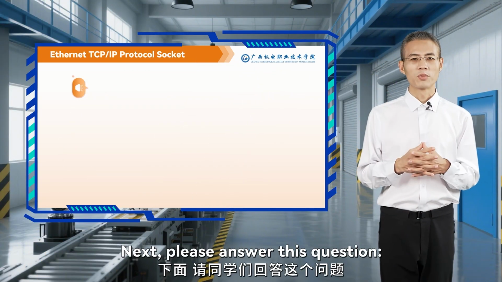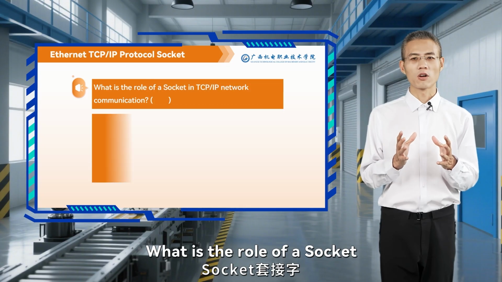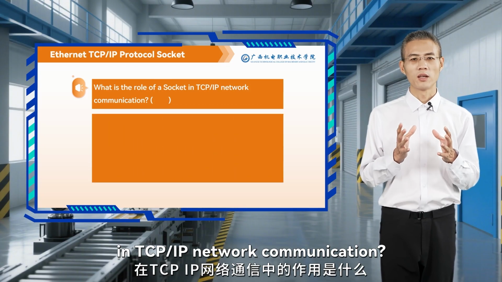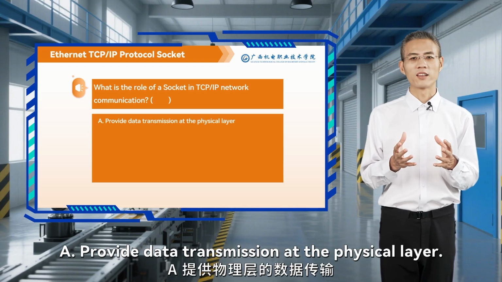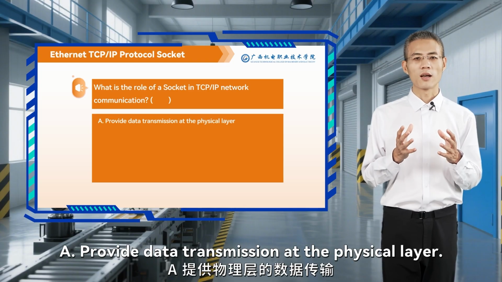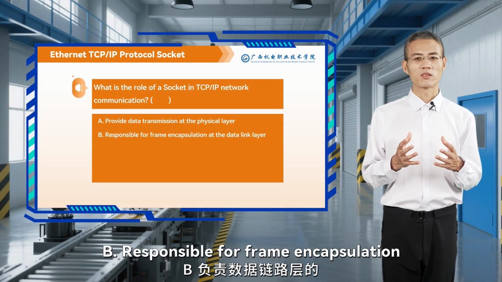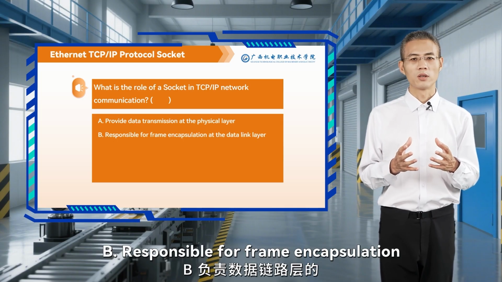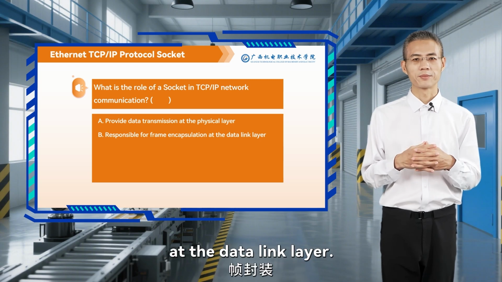Next, please answer this question. What is the role of a socket in TCP/IP network communication? A. Provide data transmission at the physical layer. B. Responsible for frame encapsulation at the data link layer.